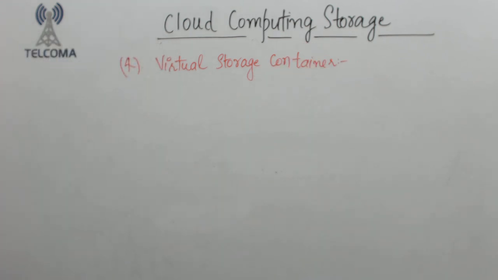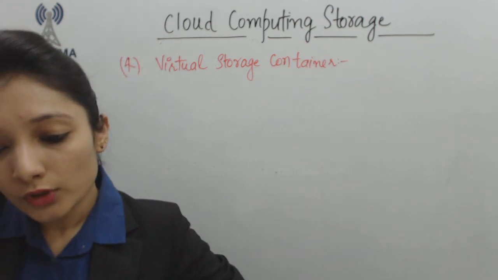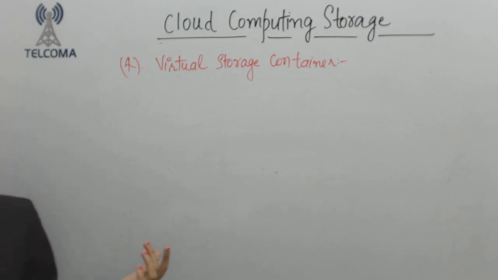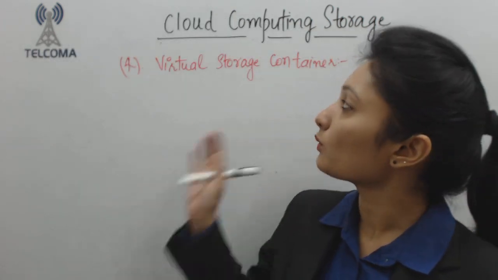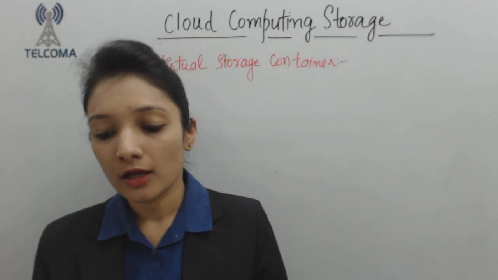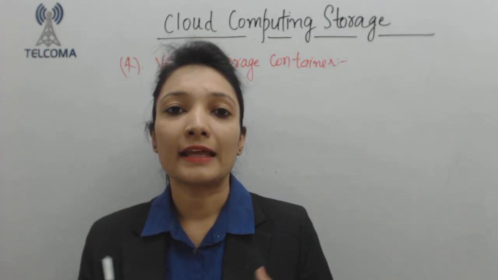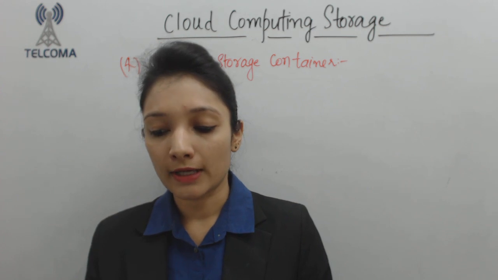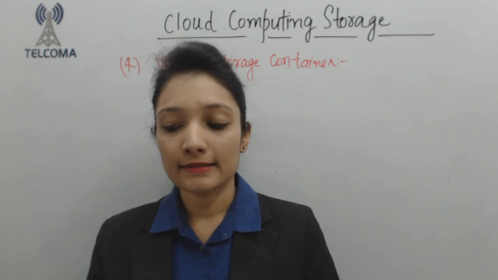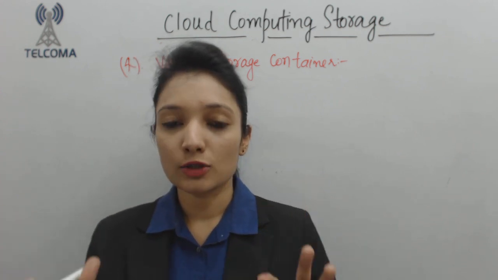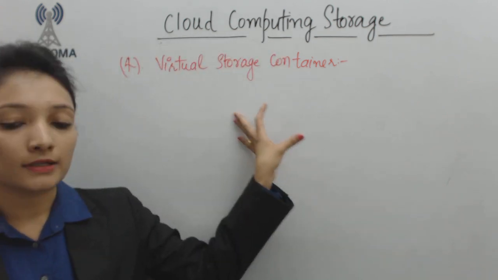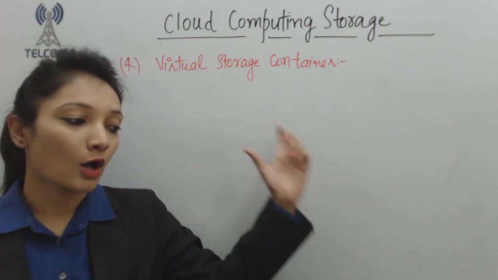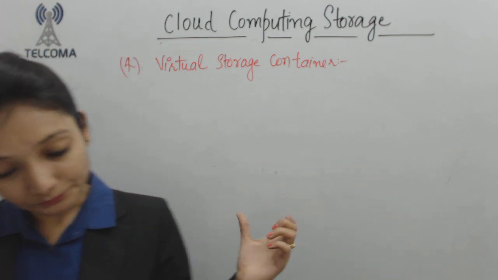Virtual storage containers basically offer high performance cloud storage systems. So that means these are virtual containers for storing the data. Basically these consist of a LUN, which is a logical unit number. So it decides the number of devices, files and other objects which will be created in your virtual storage container. That means this container will have the number of files and other objects related to the storage.